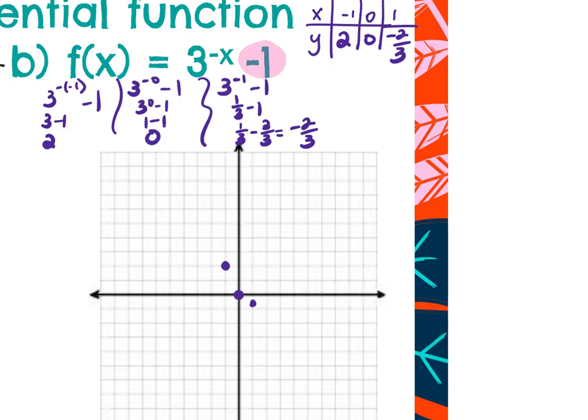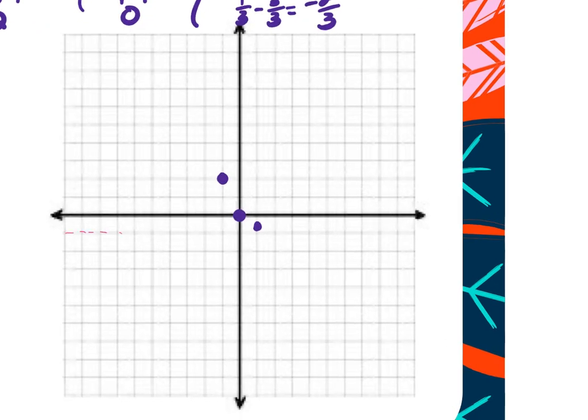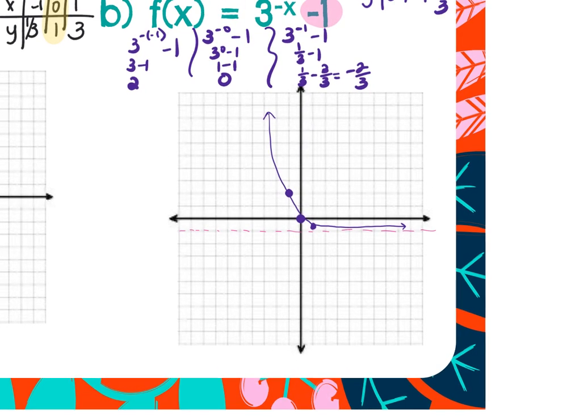So that -1 after the function took my horizontal asymptote, which was at 0, and it just shifted it down to -1. So that's consistent with my graph falling as I move to the right. It gets close to, without touching, -1.